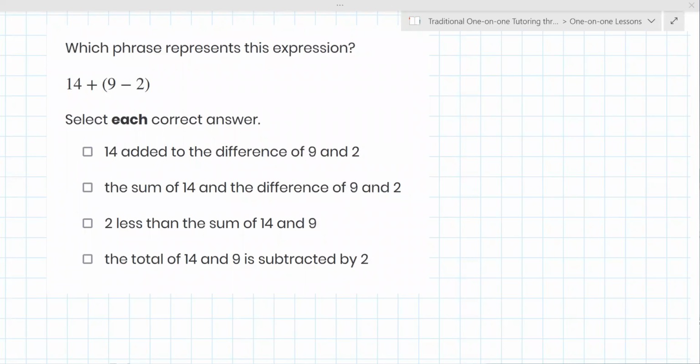Okay, got it. What are your answers? A and B. That's correct.